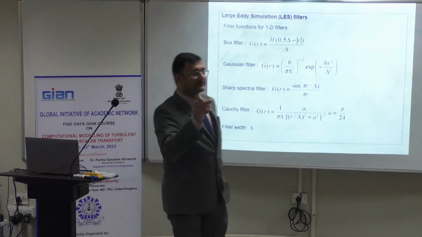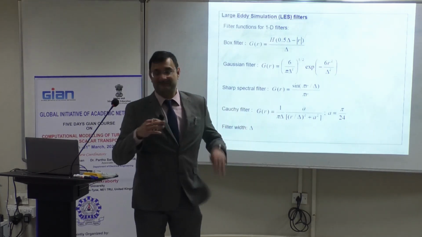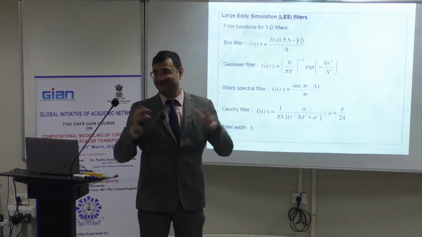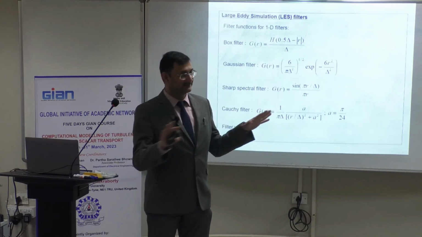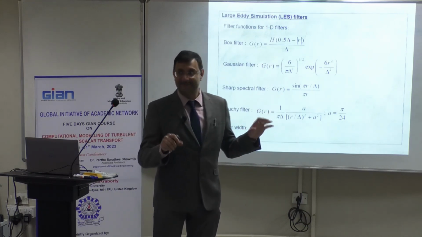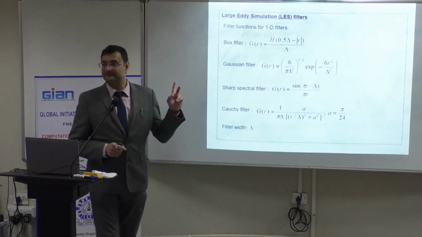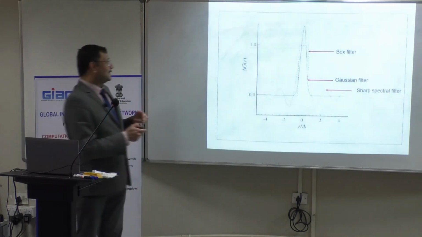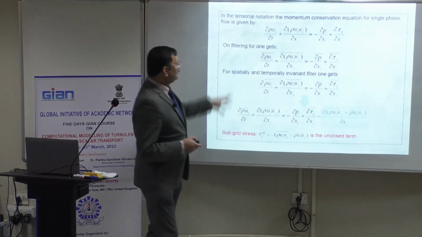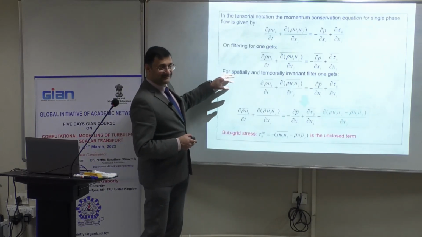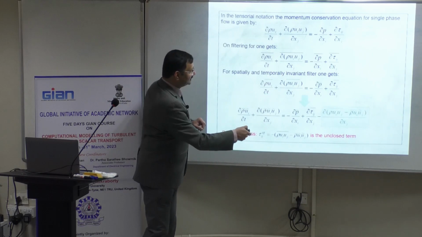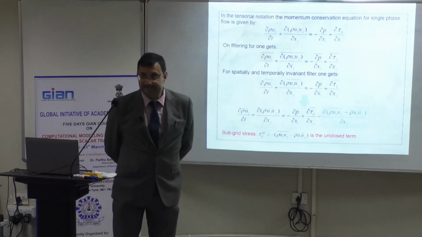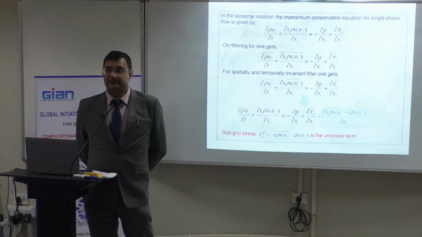At every x, y, z location, the shape of the filter does not change. Happy with that? This is essentially an example of a spatially and temporally invariant filter. So if I assume my filter is that kind, then my equation will look something like this. Happy up to this point?